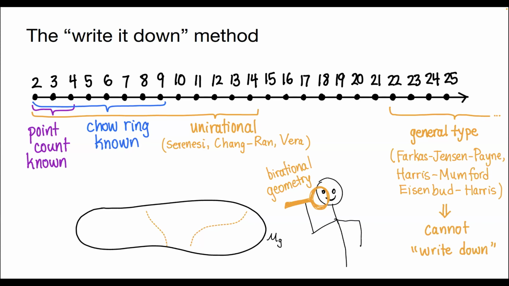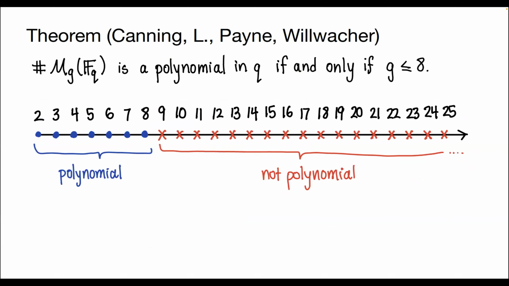So despite this, we do have a theorem that characterizes the shape of the point counts for any g. We've proved that the point count of Mg over Fq is a polynomial in q if and only if the genus is at most 8.